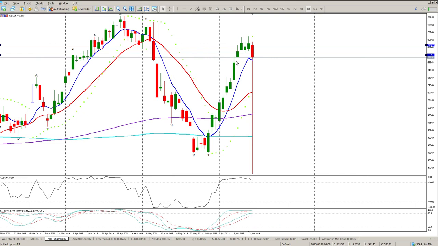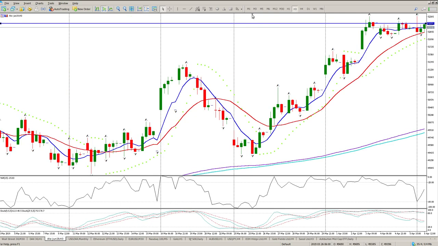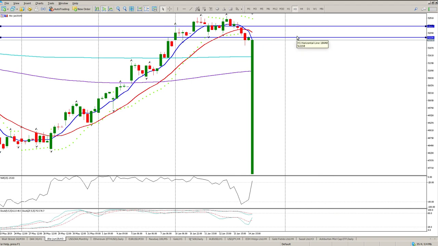Now just notice that there are gaps to the downside. There's a number of gaps to the downside. So I do suspect this first gap is going to get targeted, and we'll pick it up on some of the lower time frames. Anyway, that is looking like a double top now.